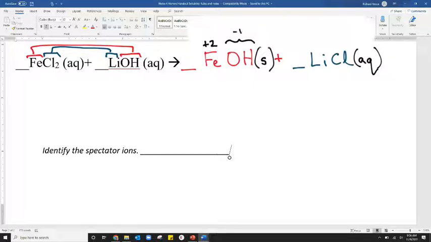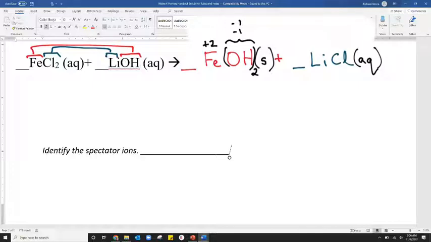Yeah, good. It's -1. I could use my pink list to find that if I needed it. So if hydroxide is -1 and iron is +2, how many hydroxides do I need to balance out the iron? 2. So I need another one, so I've got to use parentheses and a little 2 there. I need 2 hydroxides for every iron.